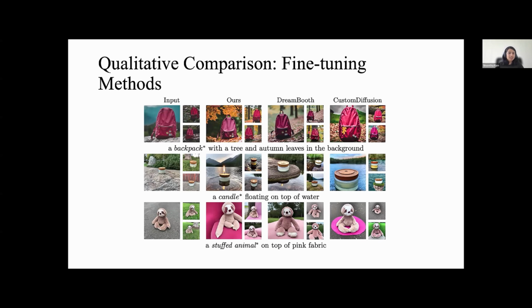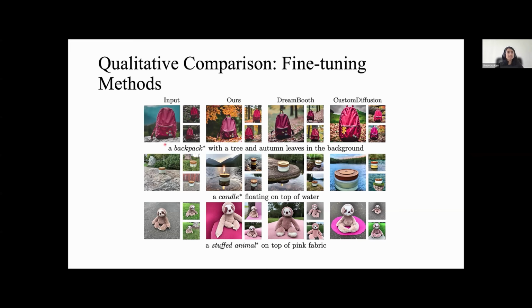Here we have some qualitative comparisons with fine-tuning methods, DreamBooth and custom diffusion. Both these methods fine-tune the weights of the text-to-image diffusion model for personalization. But there's some difference about exactly how they do it. Now, we find that DreamBlend achieves a better trade-off in subject fidelity, prompt fidelity, and diversity compared to the baselines.